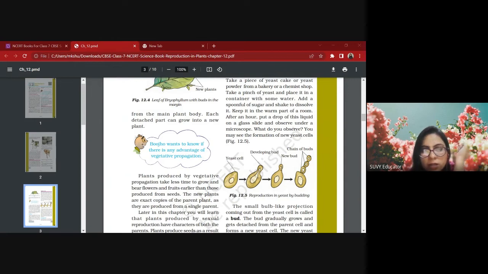So from one yeast, you get many yeast. I have drawn 3, but it can be many more. So this process is known as budding in yeast. And there's one more organism known as Hydra. In that also budding takes place. So in your exam, when budding is asked, you have to draw the diagram like this. Okay.